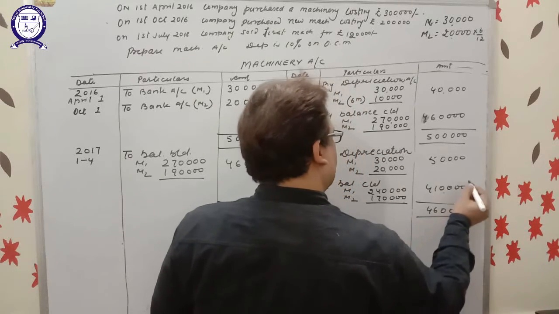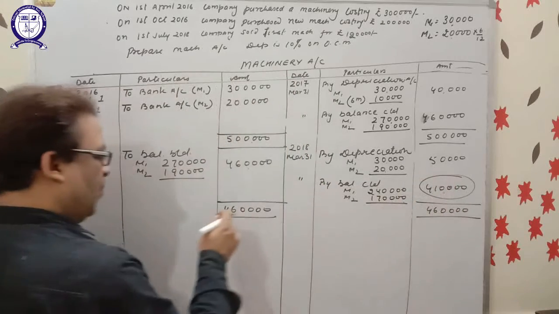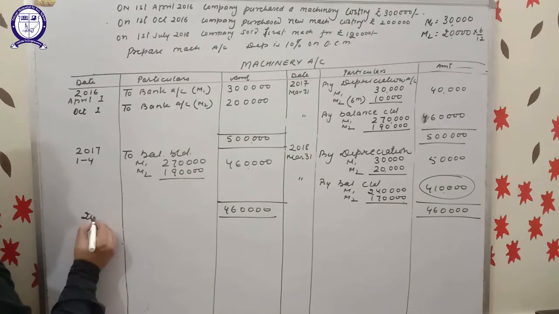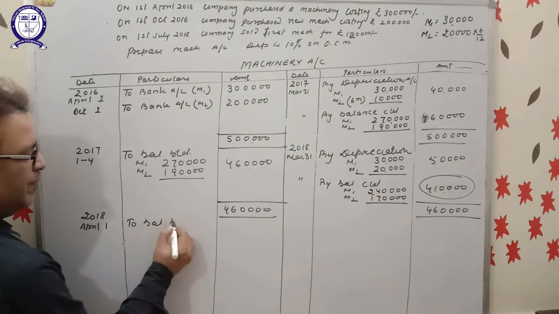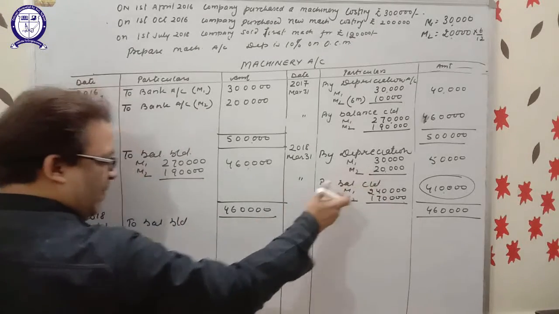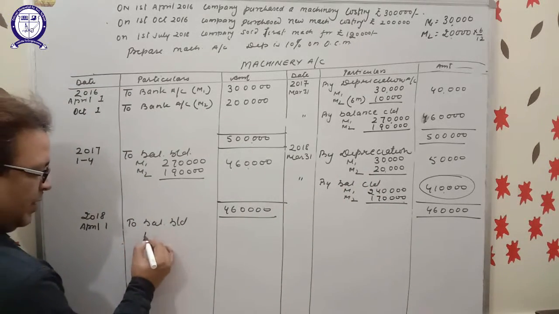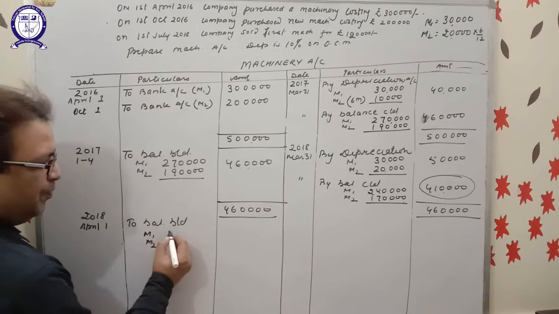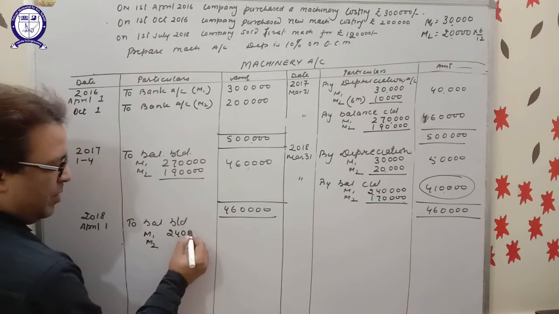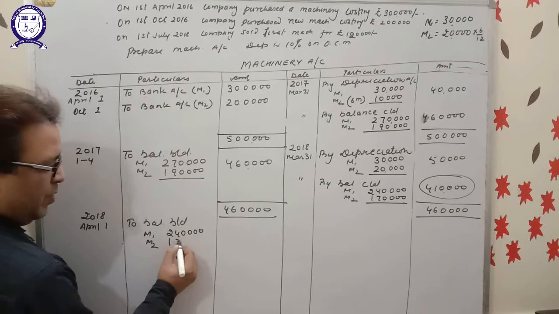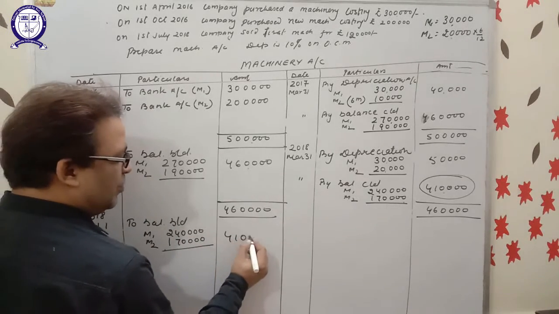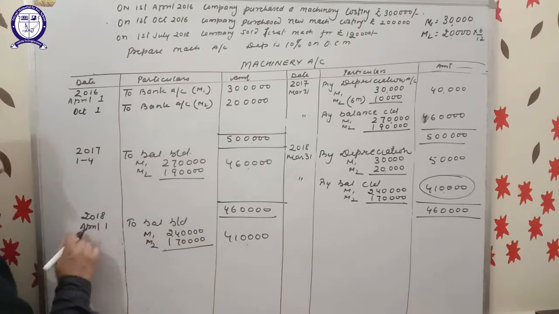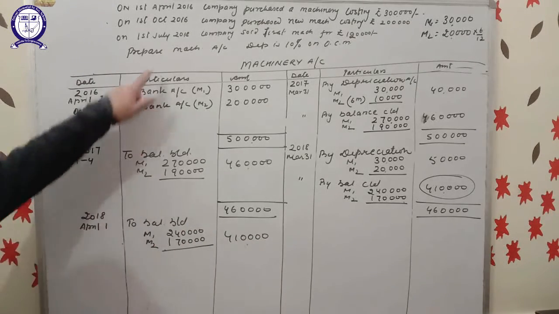Now the closing balance of this will be the opening balance of next year, 2018 April 1st. To balance brought down, this balance will be transferred here. Machinery 1, machinery 2: 240, 170, total 4,10,000. Now this year we have sold our first machinery on 1st July.